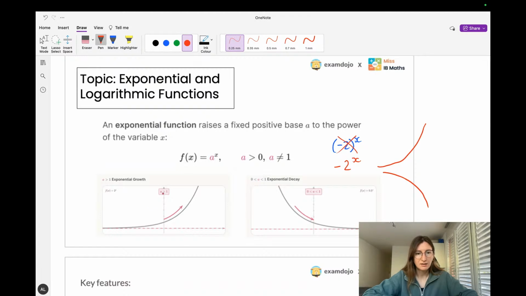So let's say that this graph could be something like 2 to the power of x or e to the power of x. This function would be something like a half to the power of x. So it's a value between 0 and 1. So just a couple of things there. If it's going up like this, we call this exponential growth, but if it goes down like this, we call it exponential decay.